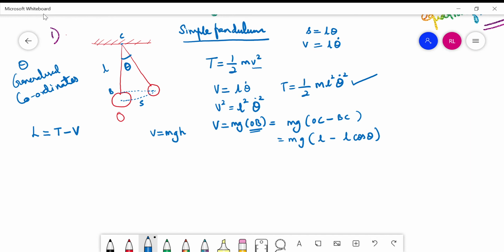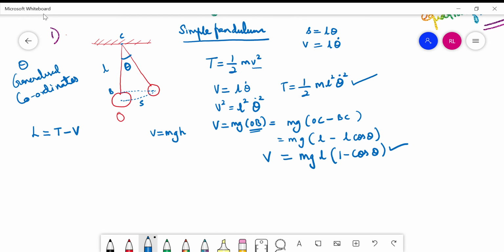So mg times OC, where OC is the length from the point where the string is fixed to the bob, minus BC, the distance between the start and end of the string. OC is L and BC is L cos theta. So we can establish V is equal to mgL times 1 minus cos theta. We are set with the potential energy also.